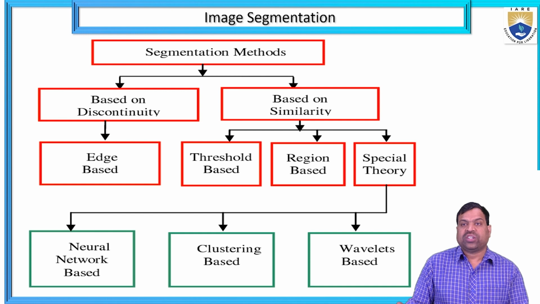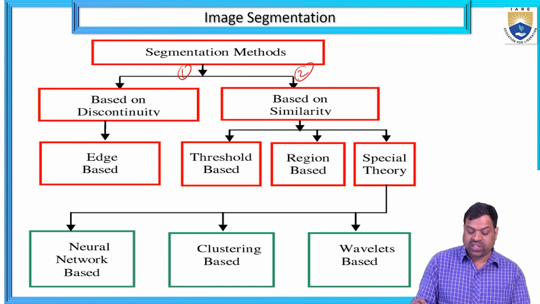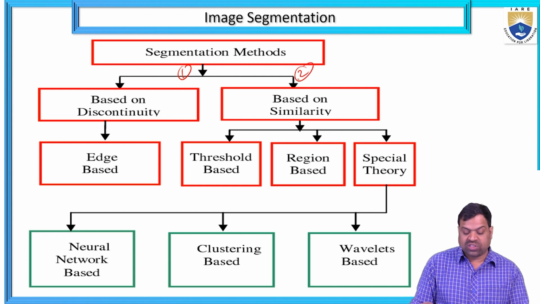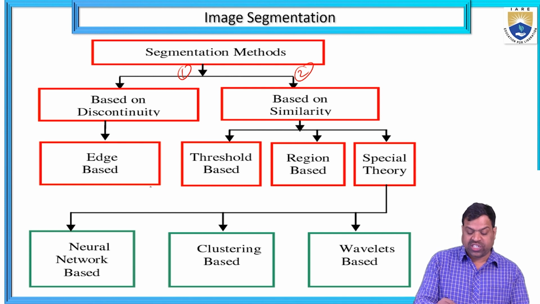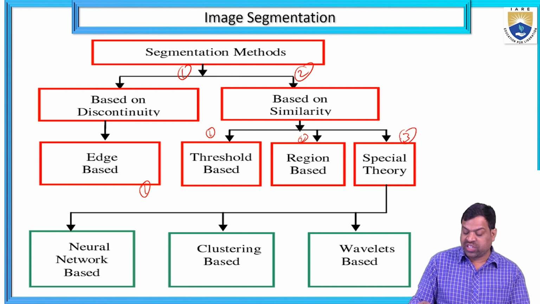Majorly, image segmentation methods are of two kinds: based on discontinuity and based on similarity. So what is discontinuity, and what is similarity? Based on discontinuity, there is edge based detection, and based on similarity, there are threshold based, region based, and special theory.